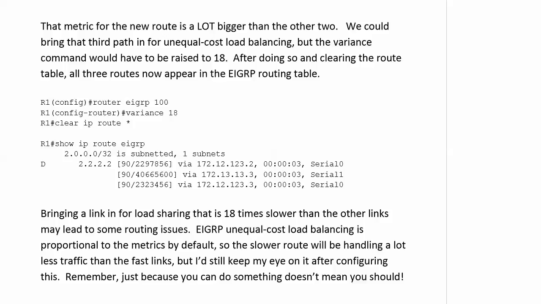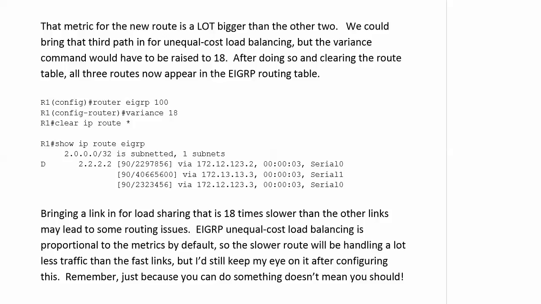Now, there are formulas on how to arrive at that you can get on Cisco's website. If you do a quick Google search on EIGRP unequal cost load balancing, you would find it very quickly. It's way beyond the scope of the CCNA, so we're not going to go over it here, but you could figure out exactly what those proportions would be.